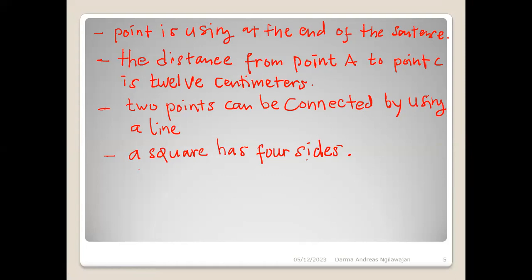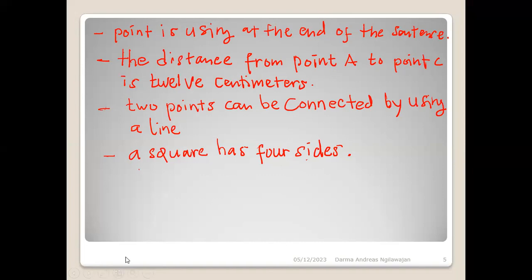Oke, good. Once again, silakan dibaca sekali lagi. Oke, go on. A square has 4 sides. Sebuah persegi memiliki 4 sisi, ya.